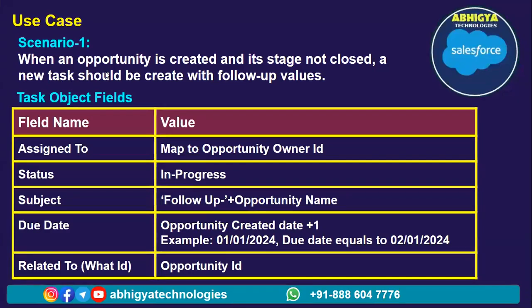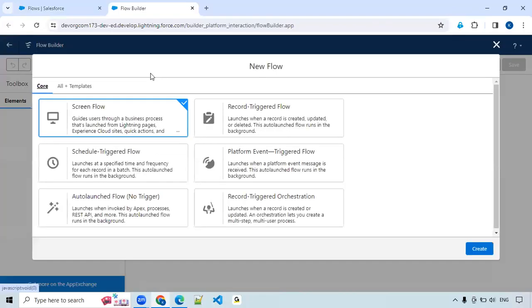The first scenario is an action performed on the opportunity, and immediately we need to create the task. So we create a flow on the opportunity object. It is a record-triggered flow, since it runs at record creation time. Click on Record-Triggered Flow and click Create.